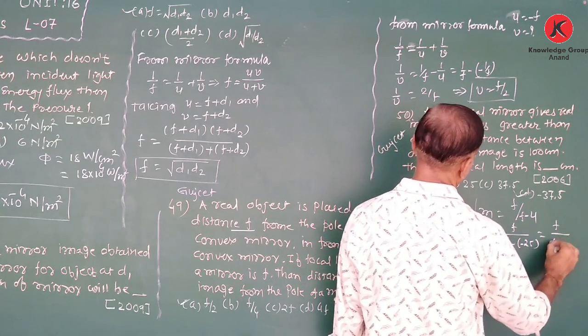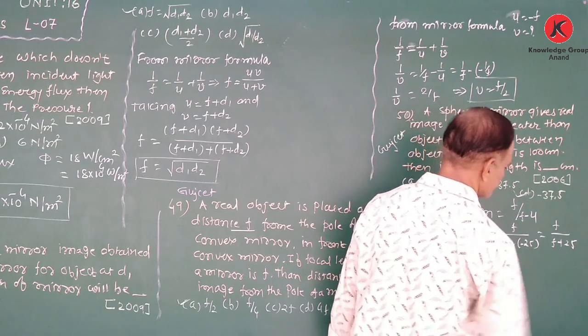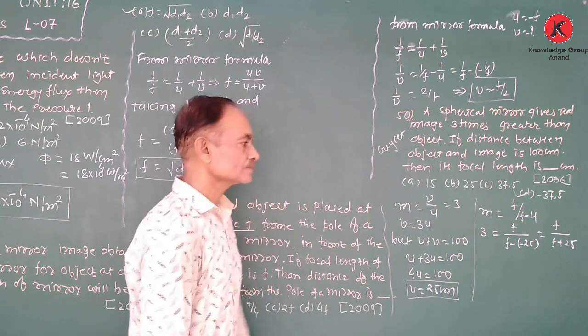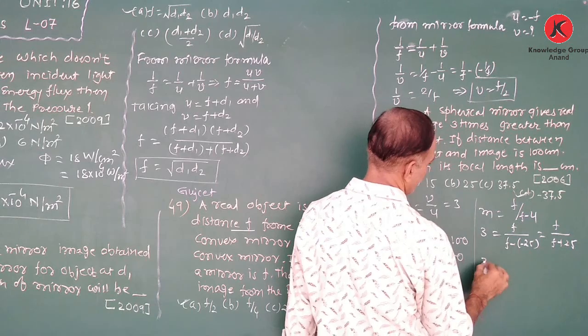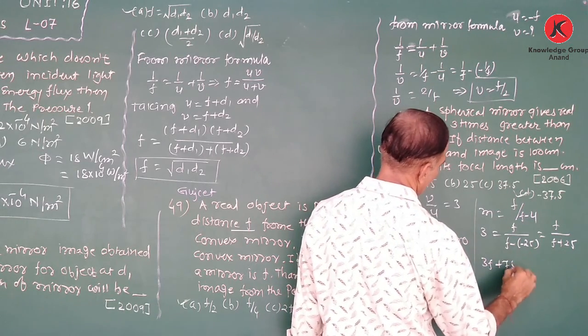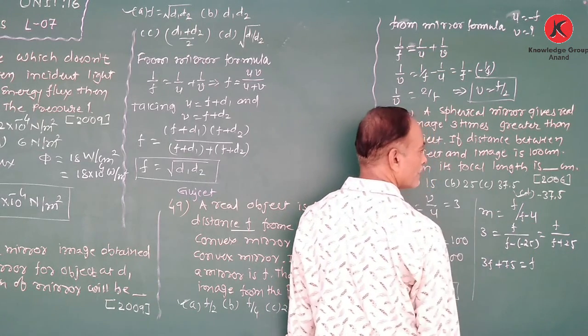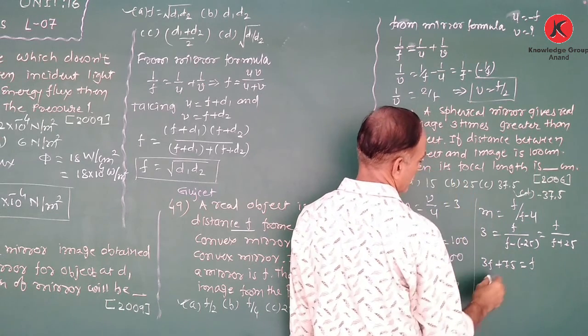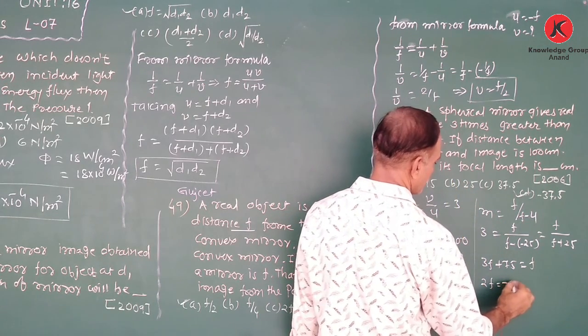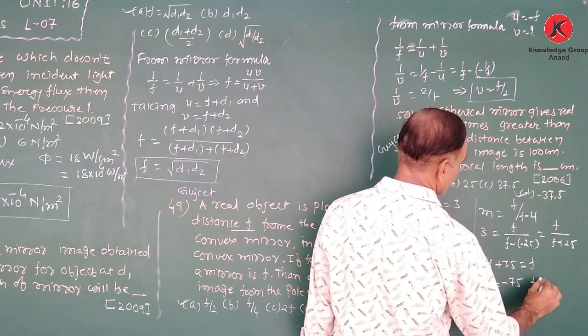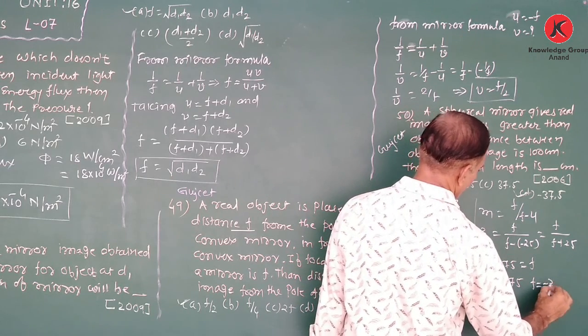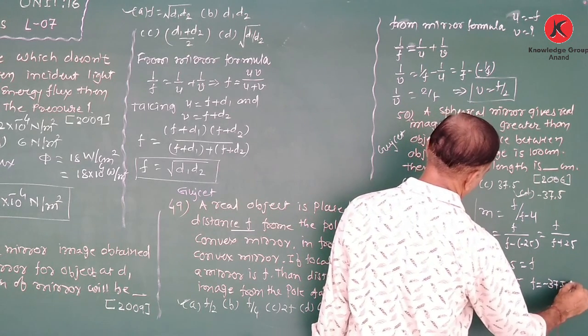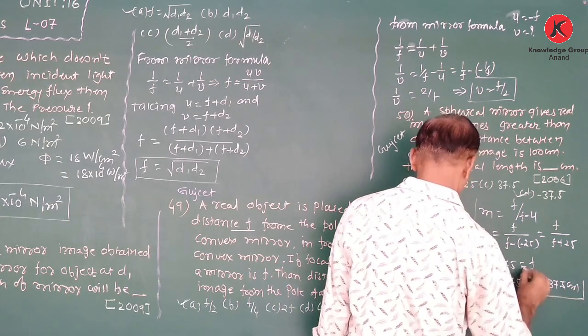Therefore, 3f plus 75 is equal to f, so 2f is equal to minus 75. Therefore, f is equal to minus 37.5 centimeters.